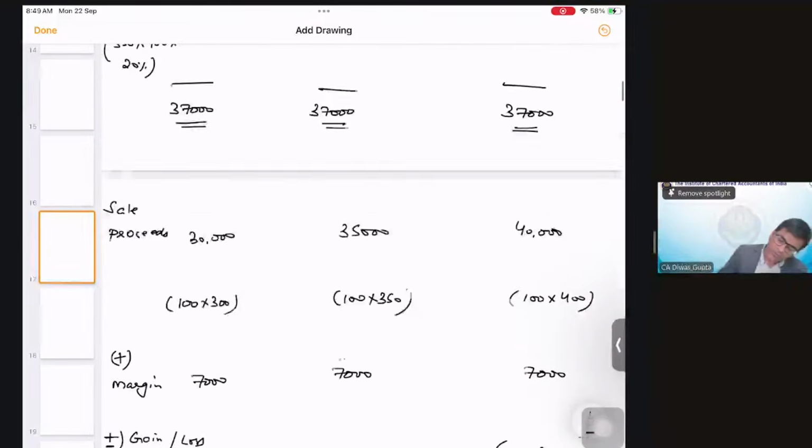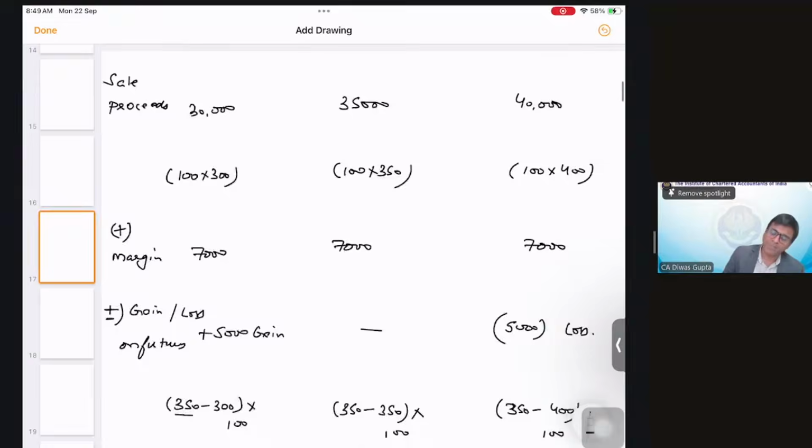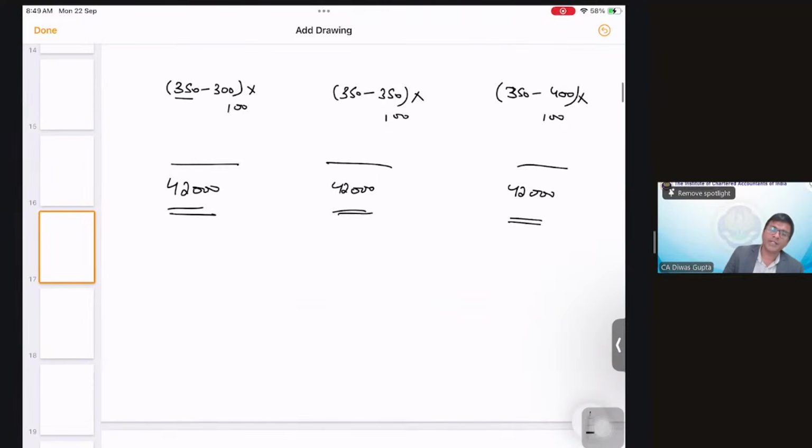So 37,000 in a row we have paid, and 42,000 is what we have received. Net 5,000, 5,000 and 5,000 is what we are gaining from this. Clear?